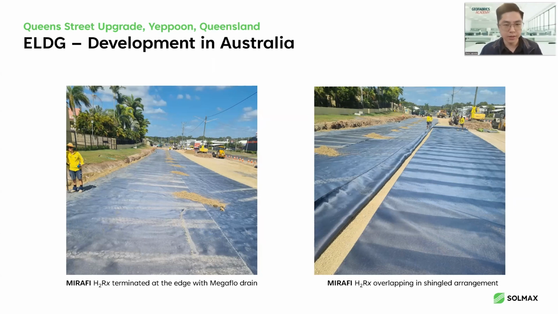And in the right photo, you can see that because the top layer of ELDG was laid to ensure the single arrangement, it is wrapped back, and after the laying of the second or adjacent layer of the ELDG, it is put back to ensure the single arrangement.